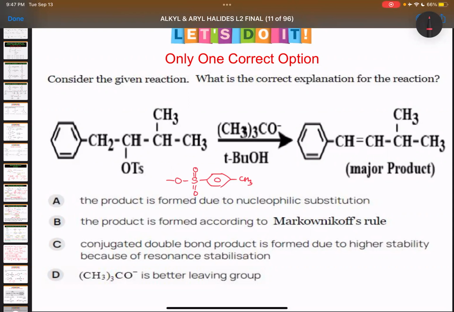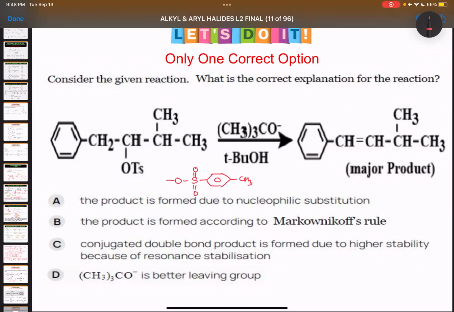So how is the product formed? Sir, nucleophilic substitution.